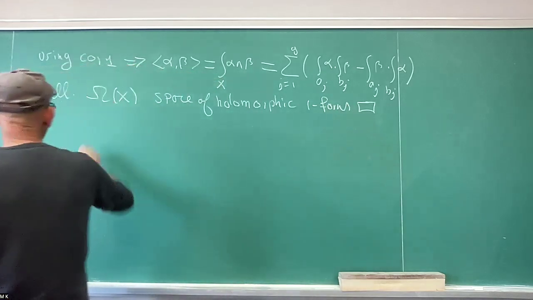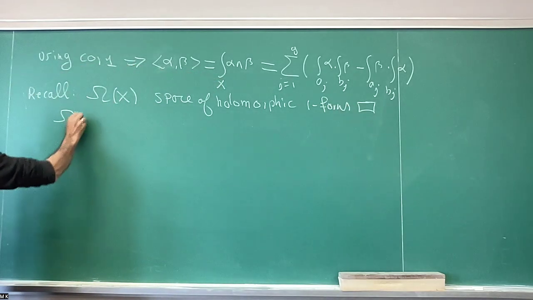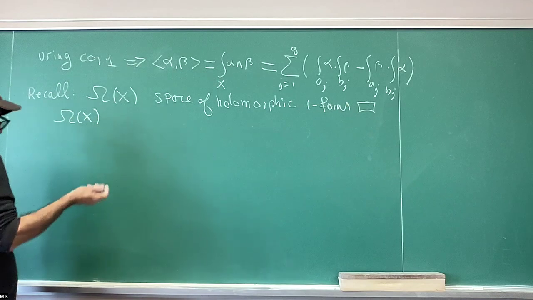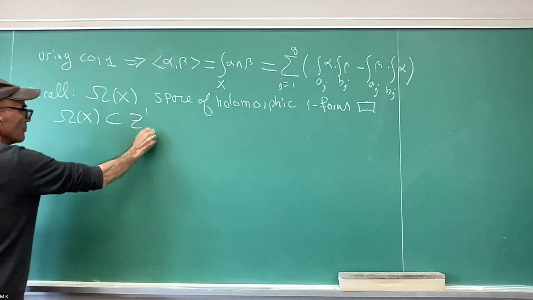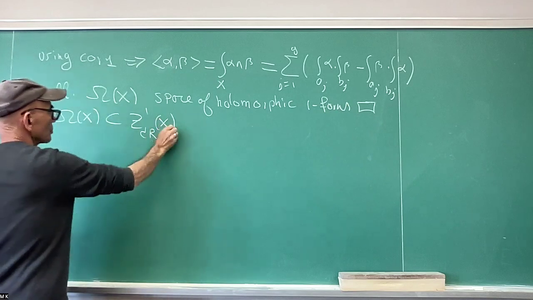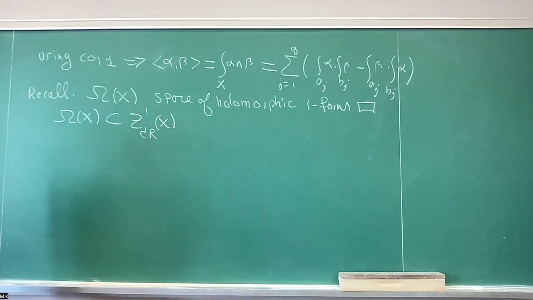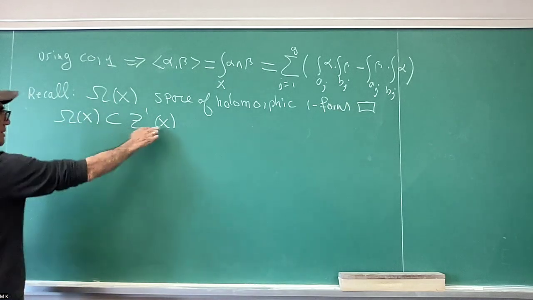Of course, these holomorphic one forms are closed. They are inside Z1 de Rham of X. In fact, I mentioned last time they are even harmonic with respect to some appropriate Riemann metric.